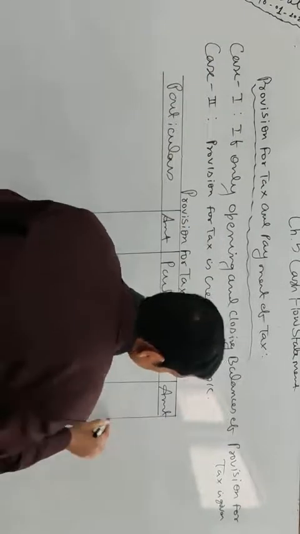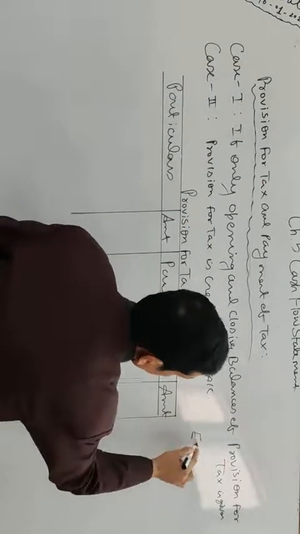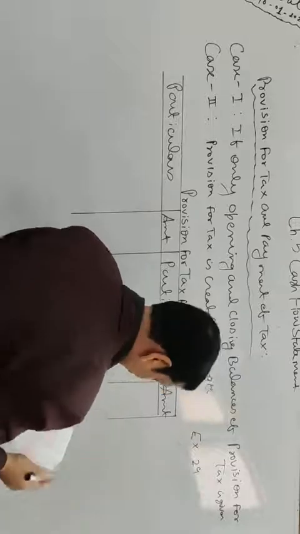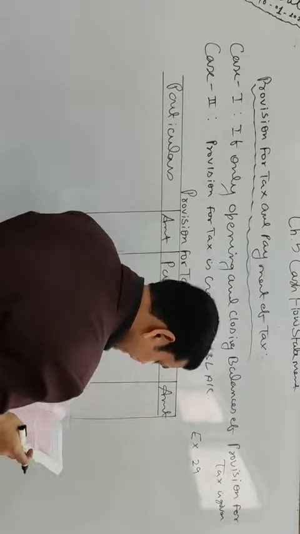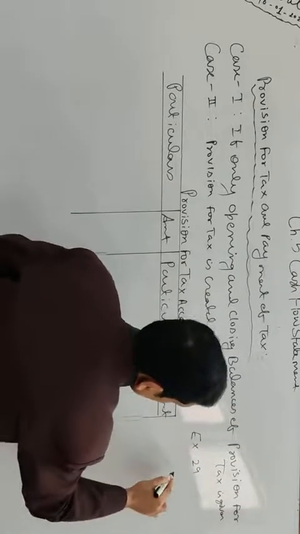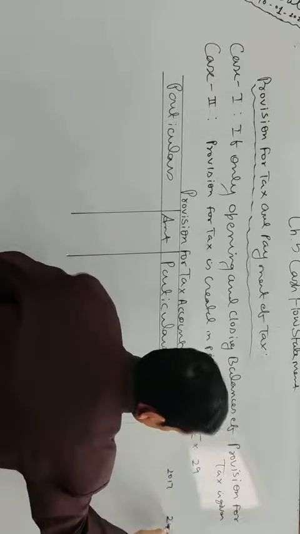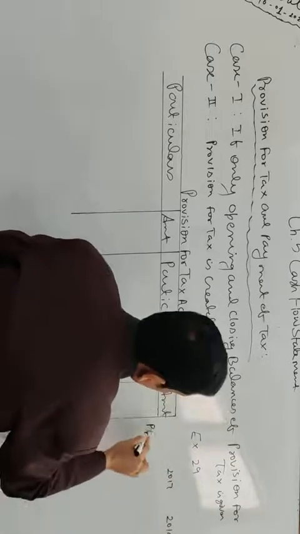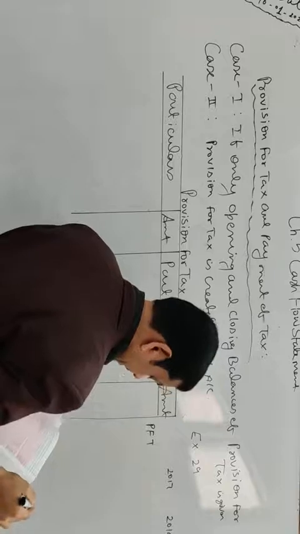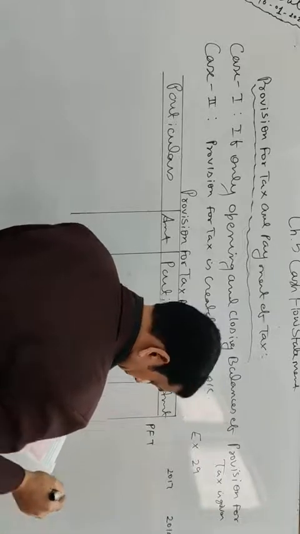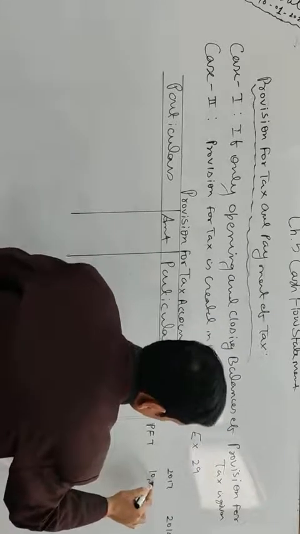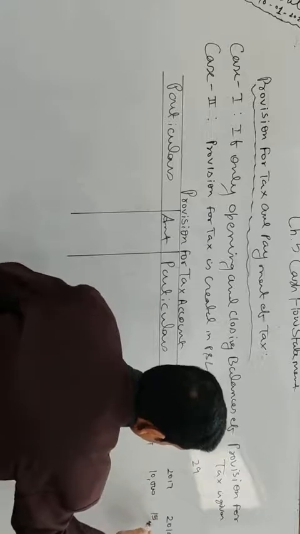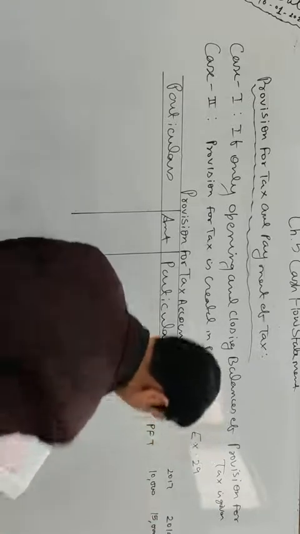So see the figures given to us in example 29. The figures of provision for tax are given for 2017 and 2016. So what is the amount given? That is 10,000 and 15,000. Clear?